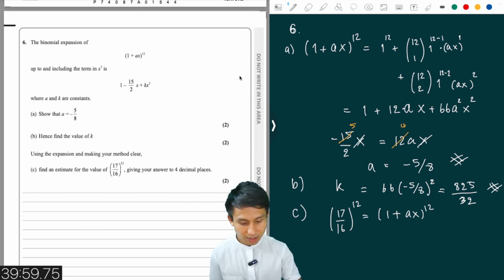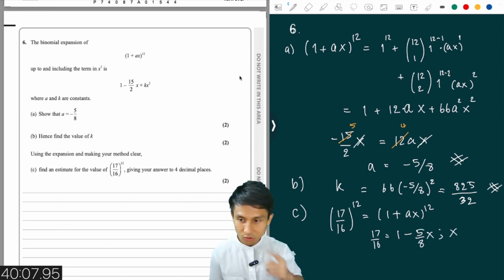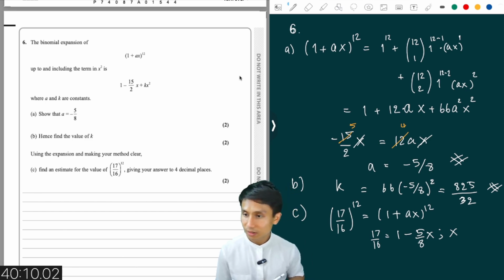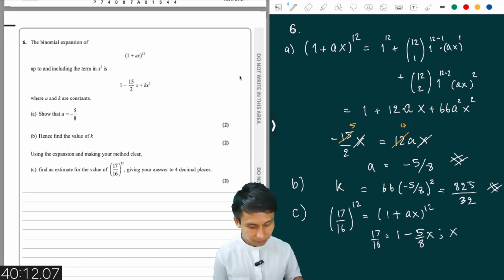Okay, so that means 1 plus a was minus 5 over 8, right? So I do that, solving for x first. So x would be what? Subtracting 1, I get 1 over 16. So 1 over 16, multiply by minus 8 over 5, right?